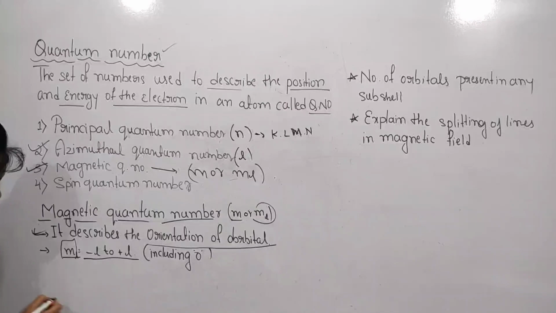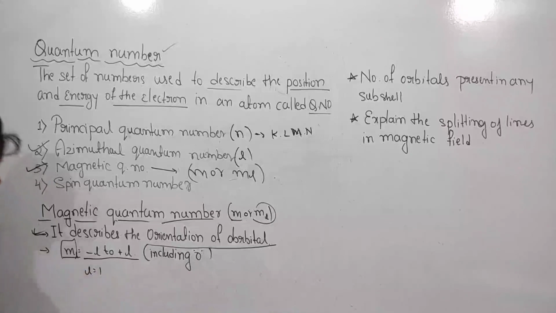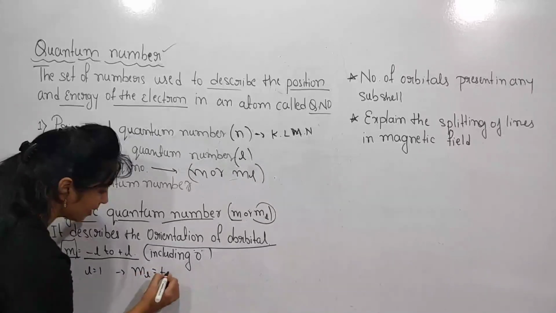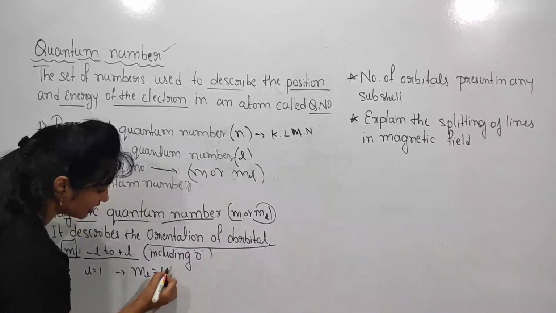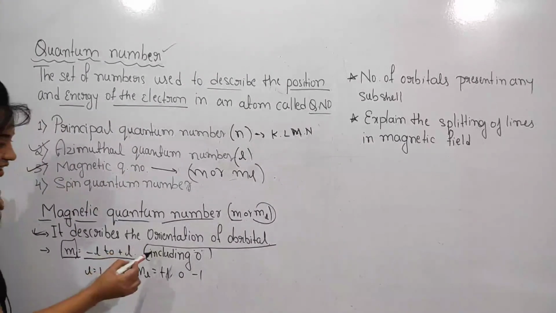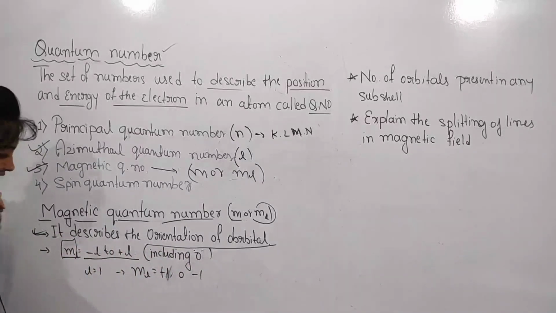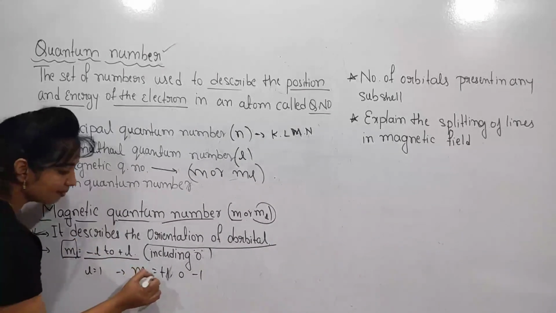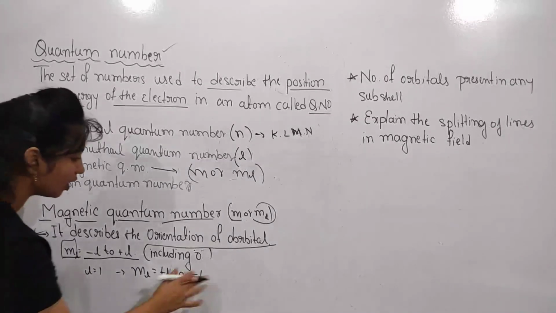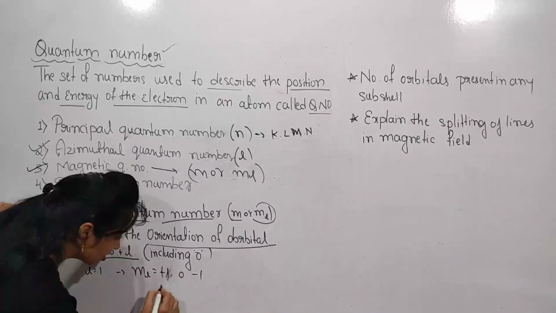If the value of l is equal to 1, then the magnetic quantum number values are plus 1, 0, minus 1. Including 0, its value is minus l to plus l. So l equals 1, ml equals plus 1, 0, minus 1. How many orientations of orbitals do we have here?